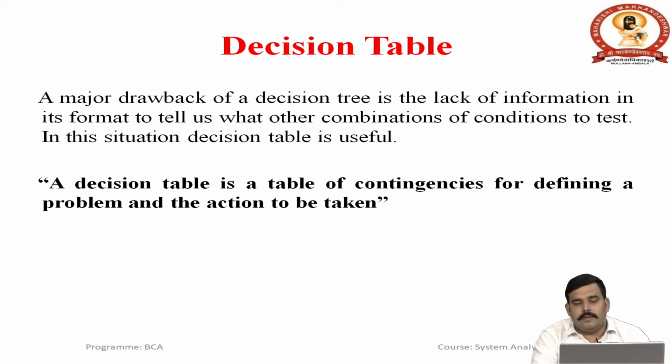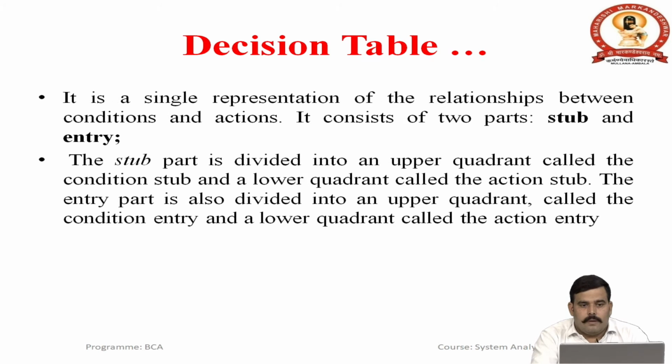It gives you the problem with its conditions and the actions to be taken based on these conditions for the solution of the problem, which can be easily understood. It is a single representation of the relationship between conditions and actions.